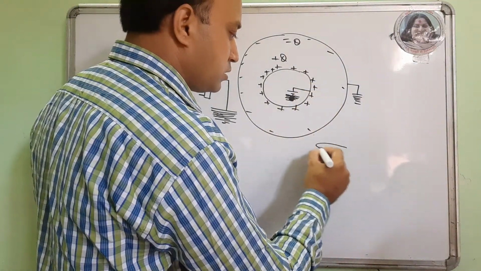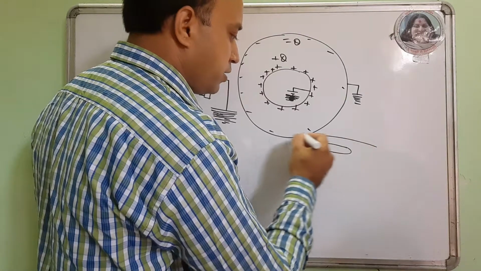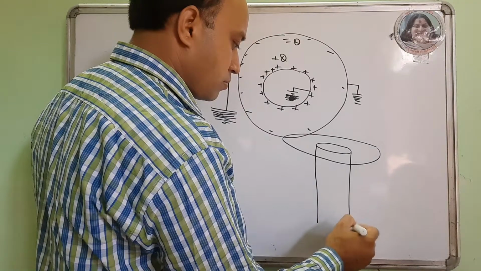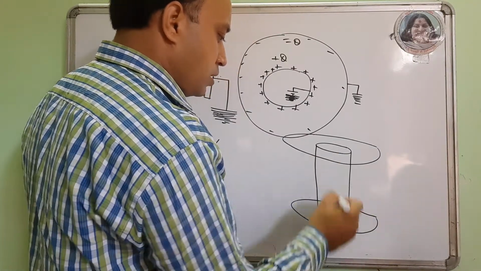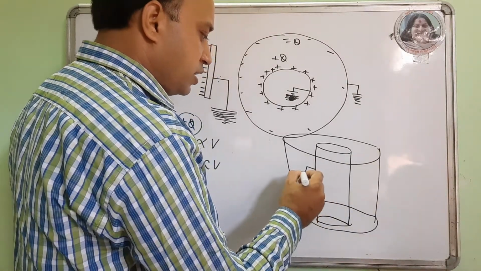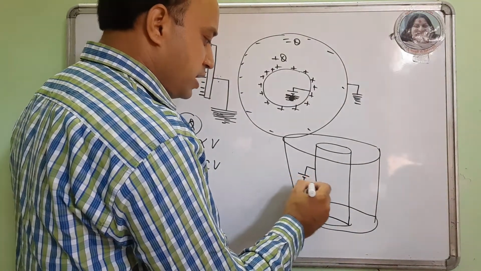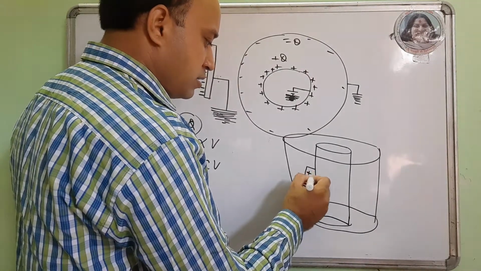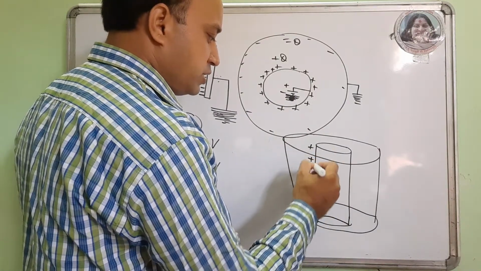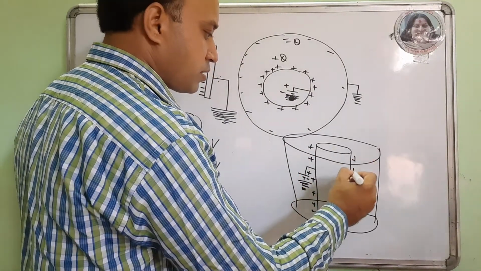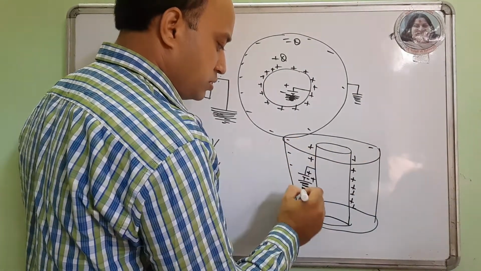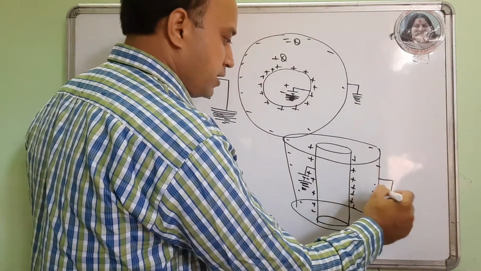The other one is the cylindrical capacitor. Again, having the same concept, the inner object is connected with the earthed cell, and the outer object has plus q charge here, again bearing the same concept, and this is negative charge and it is earthed.